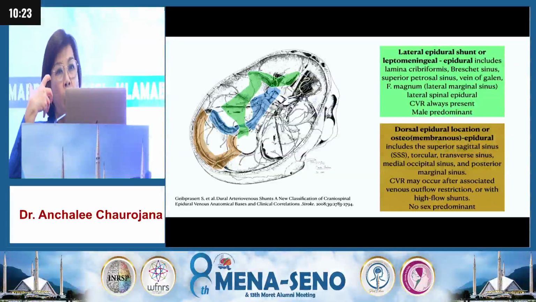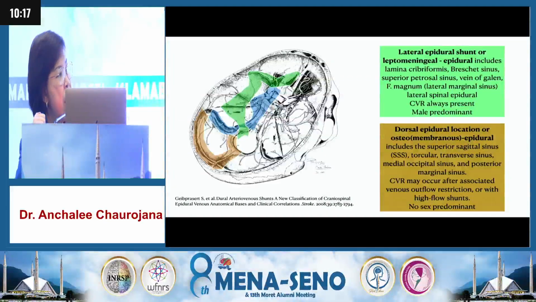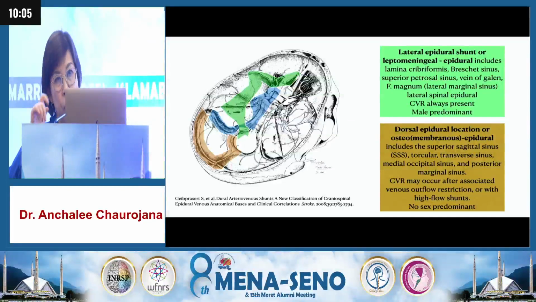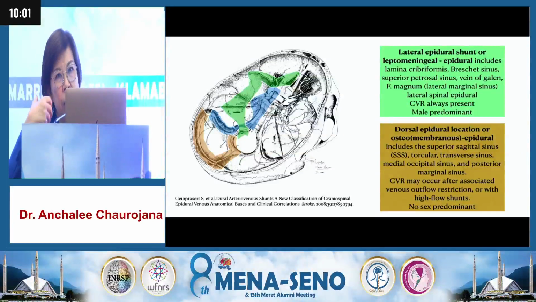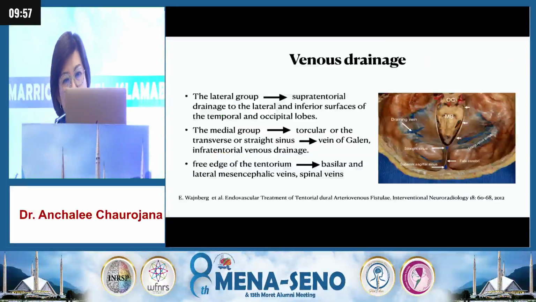In their classification, they say that shunts of this type almost always have cortical reflux, meaning they are malignant, and most are male predominant. So all falcotentorial shunts correspond to this by embryology.